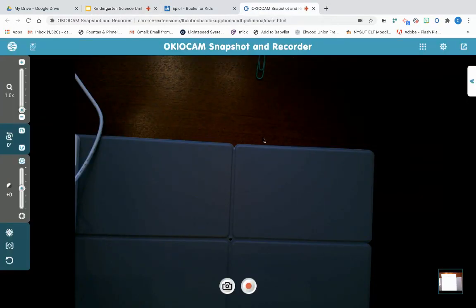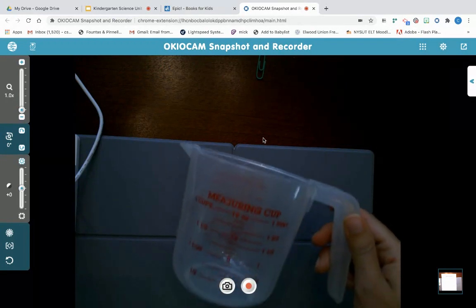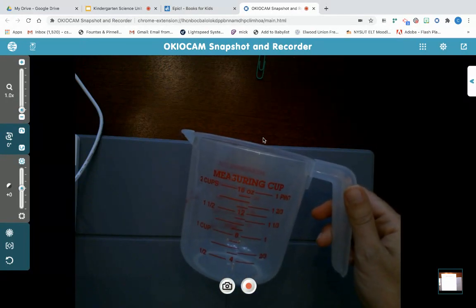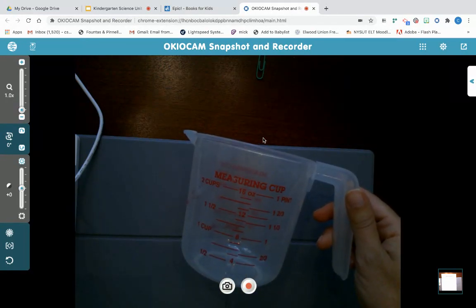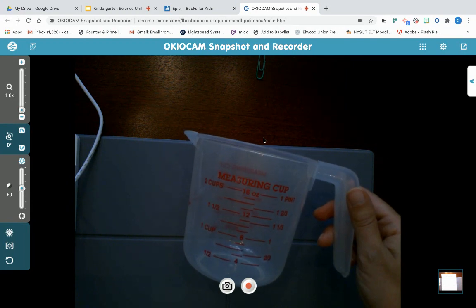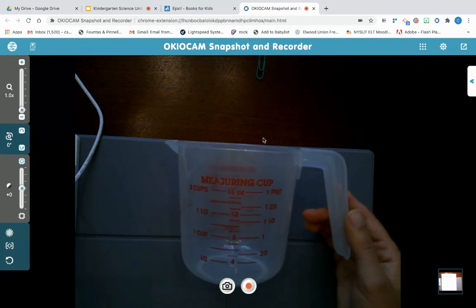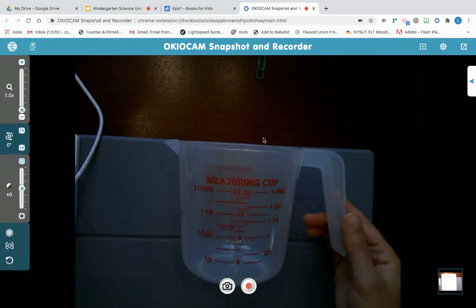All right, let's see what our next science tool is. Here it comes. Okay, take a good look at this. Think about the name of this measuring tool.